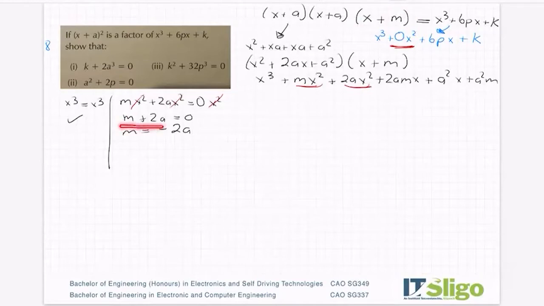So when I get m + 2a equal to 0, I bring the 2a over and I get m equal to minus 2a. So anytime I see m in any other future equations, I would sub in minus 2a for it, and that's how I get rid of the letter I introduced.